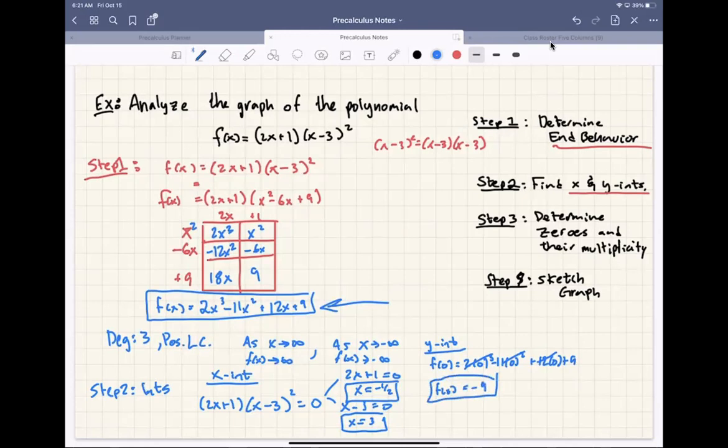All right, guys, next up is to determine the multiplicity of the zeros. One thing you notice is that this one yields x equals negative 1/2, and this one yields x equals 3. So determine the zeros. The zero x equals negative 1/2 has a multiplicity of 1.